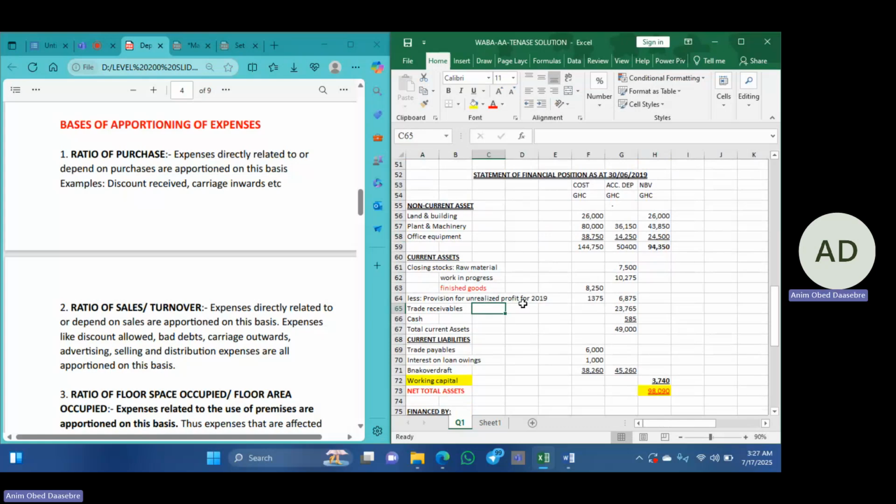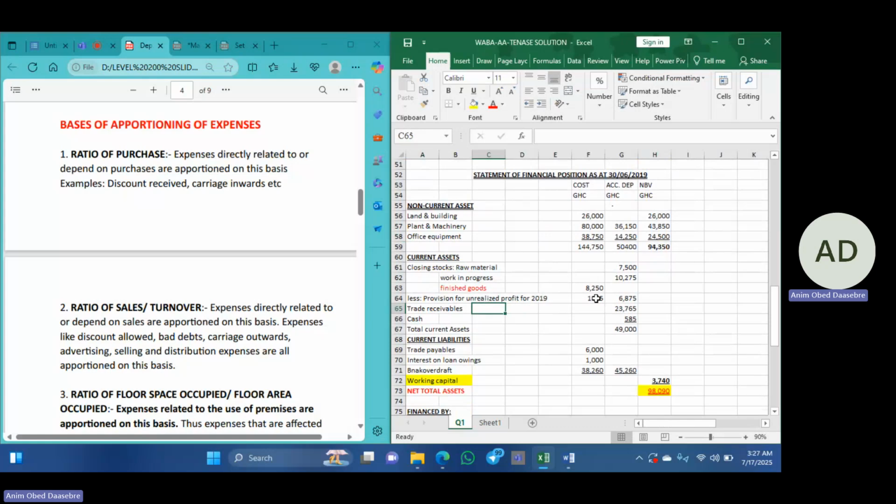That is because it is unearned profit on the closing stock that is in the store, which we have not earned yet. So for the current year, you take it from the closing stock of the finished goods.